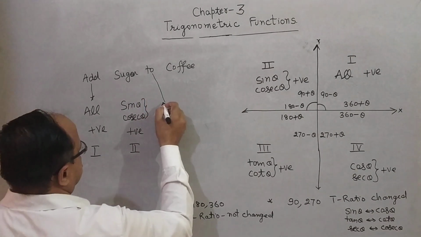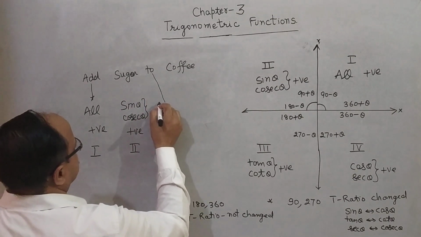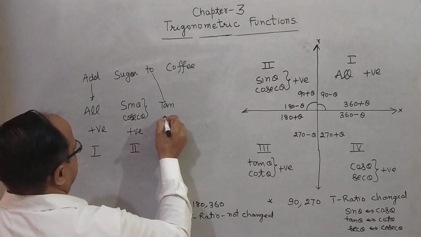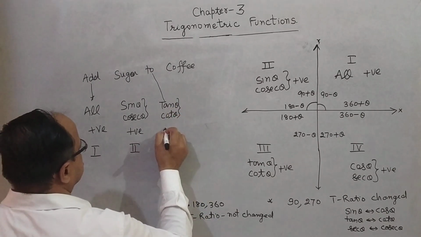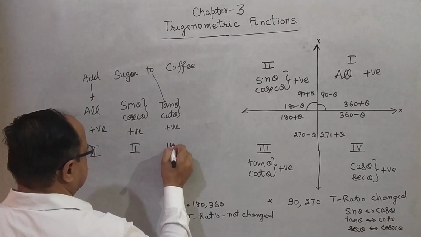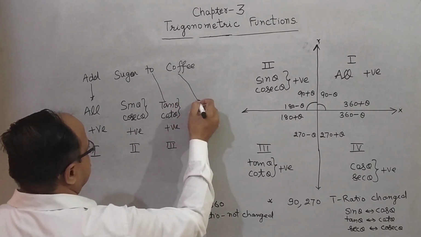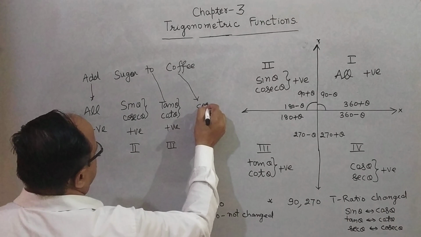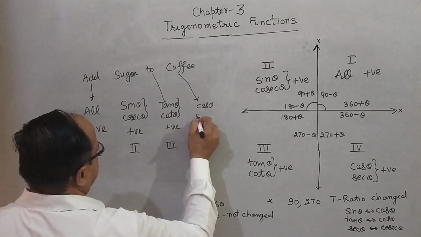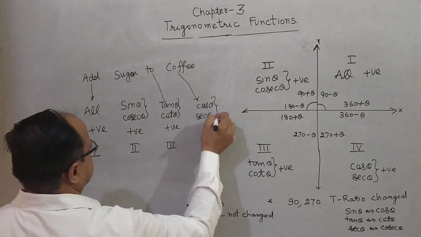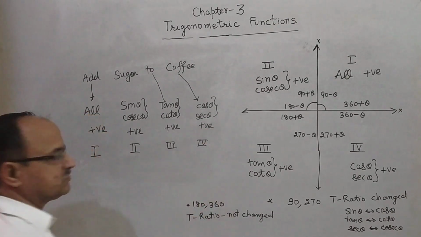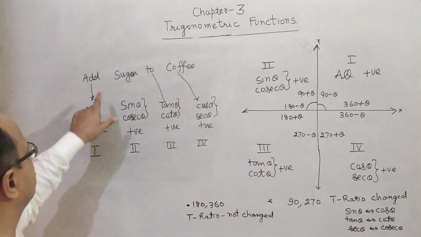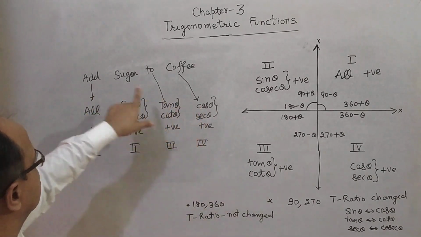And 'to' starts from T, it is tan and cot, positive in the third quadrant. And coffee starts from C, that is cos theta and sec theta, positive, other T ratios negative, in the fourth quadrant. Clear? So you can learn this with the help of this.